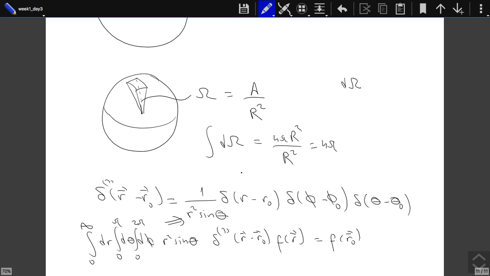Well, Dirac delta of r minus r0 is just Dirac delta of r. Dirac delta is right at the boundary. But we already know that the integral should be 1. So although the Dirac delta is right at the boundary if r0 is at the origin, we should still consider that Dirac delta inside our integration region.